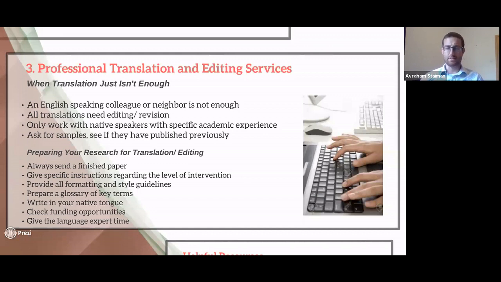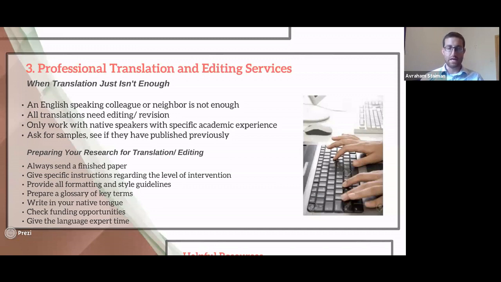What I mean by that is as follows. If you write your text in your native language and you want to translate it to English, how do you go about doing it? First of all, it's important to understand that an English-speaking colleague, a neighbor, a cousin, a friend who went abroad for a few years to an English-speaking country is not enough to provide a high-level academic paper.